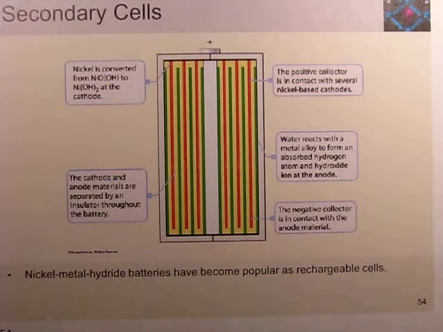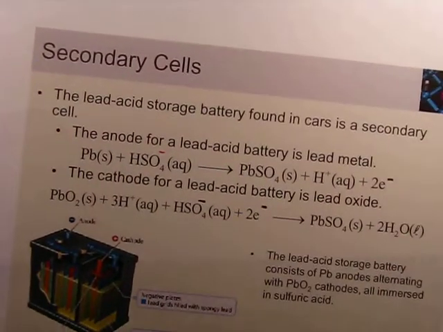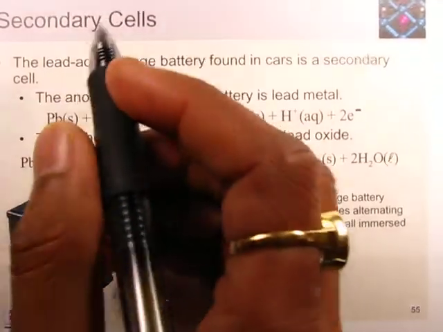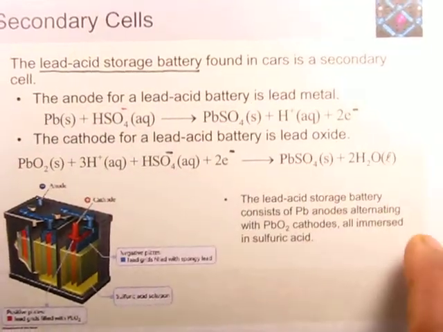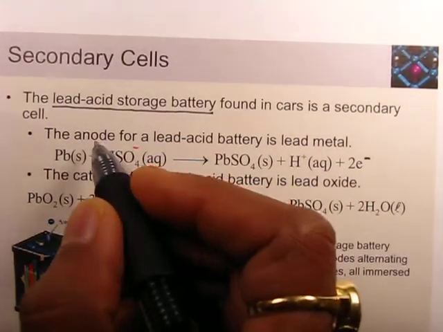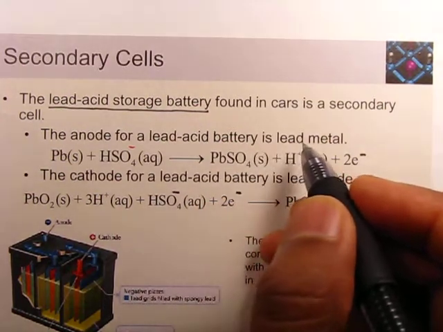Another one is the car battery or auto battery which we use in our car, and this battery is basically called the lead acid storage battery. It is found in the car as a secondary cell where the anode is lead metal.